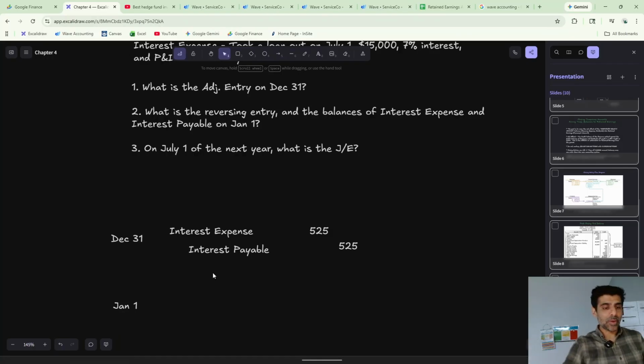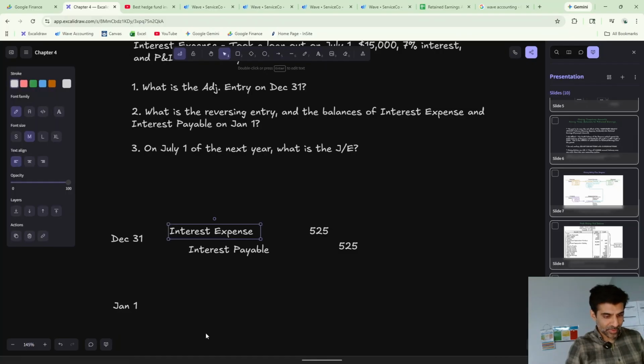My expense accounts technically start over, but in accounting software I just have a new cutoff date on January 1st. So what I'll do is just literally reverse this. I'm going to take the exact same accounts, but just undo them.